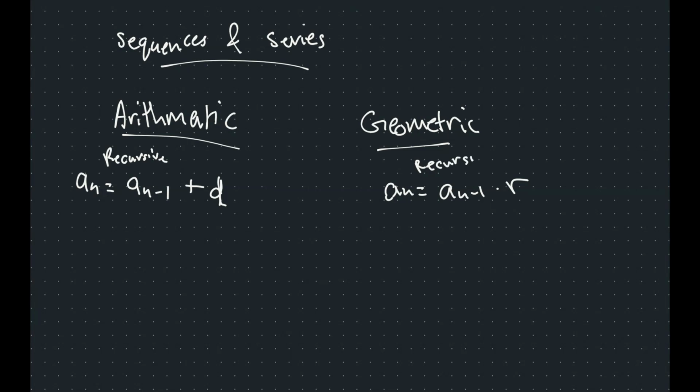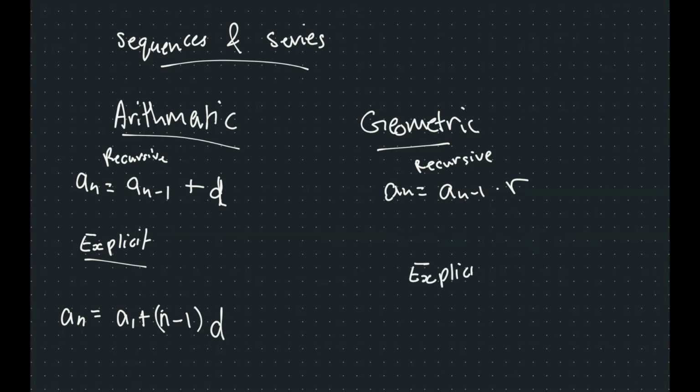Let's get into the explicit formula. Explicit. And it is the one that we learned for arithmetic sequence. So An is equal to A1 plus n minus 1 times d, and the explicit for a geometric sequence is An is equal to A1 r to the power of n minus 1.